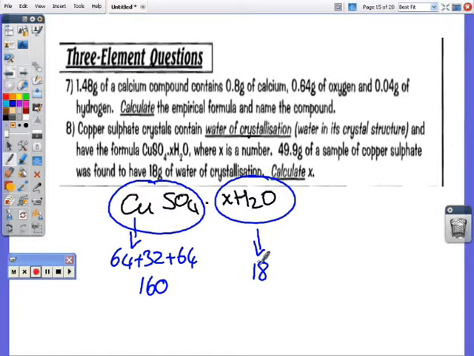So if we have a look at the information that we are presented with, we need to work out the moles of the copper sulfate. So let's just do that. 49.9 minus 18, so equals.